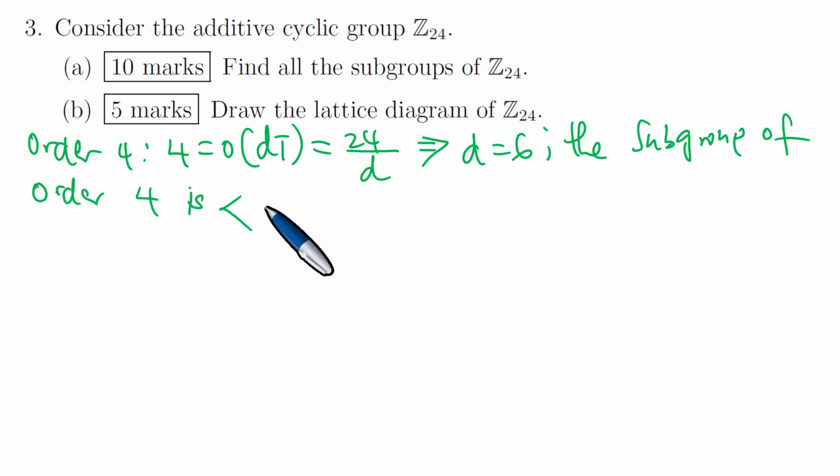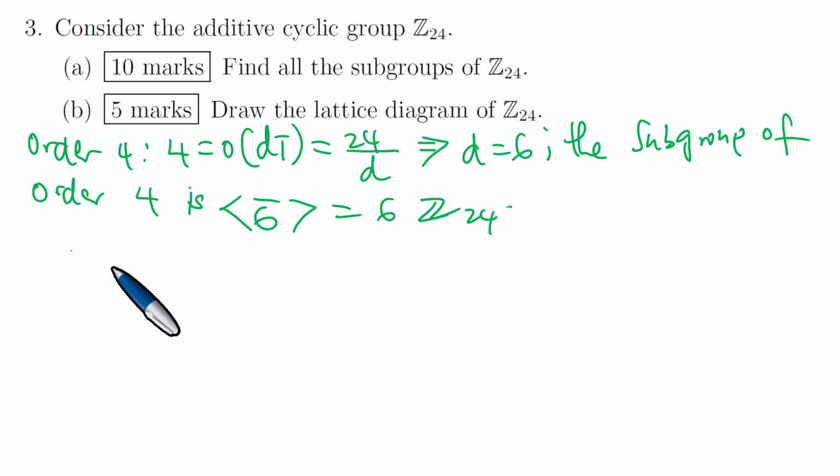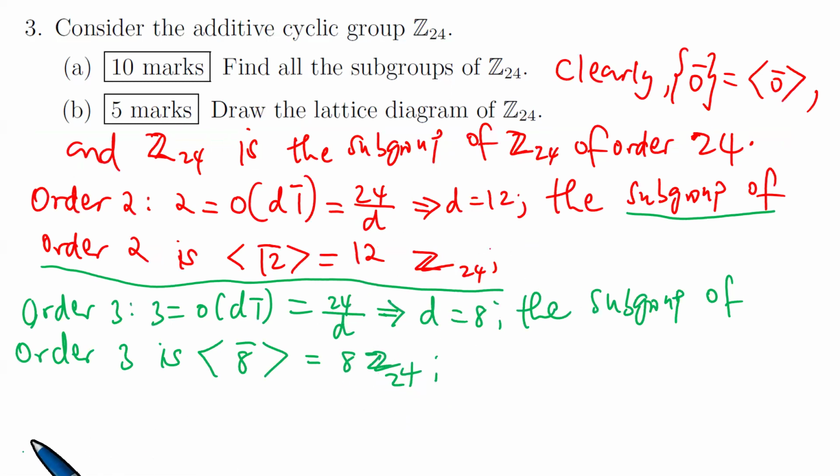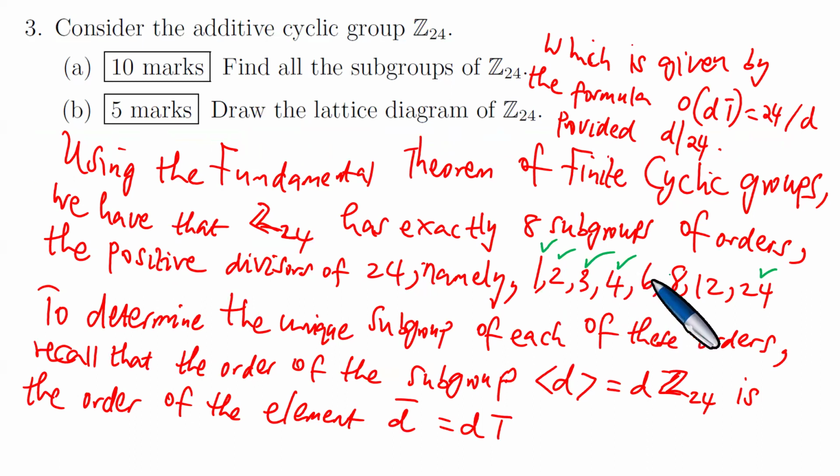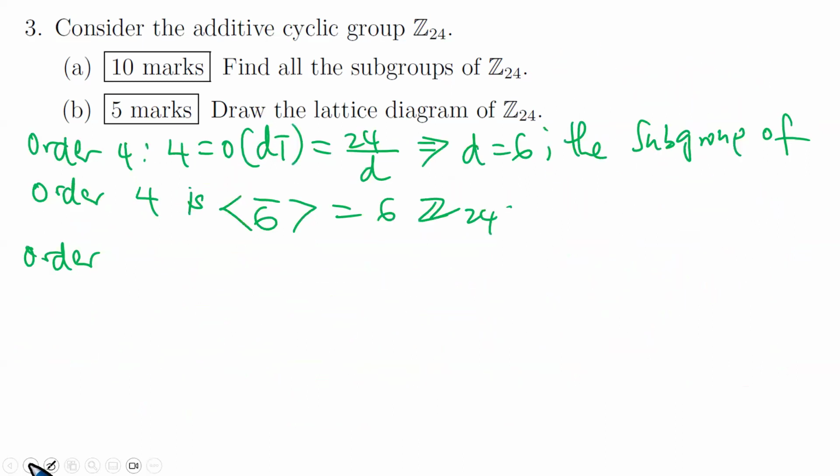Because D is 6, it is 6 bar, 6Z24. Okay, we're done with 4 in the list. Then 6, 8, 12, we're finishing. And then we list them. So now order 6.